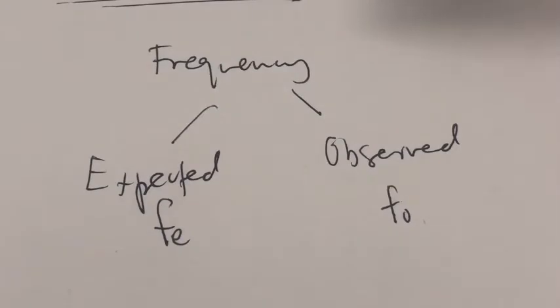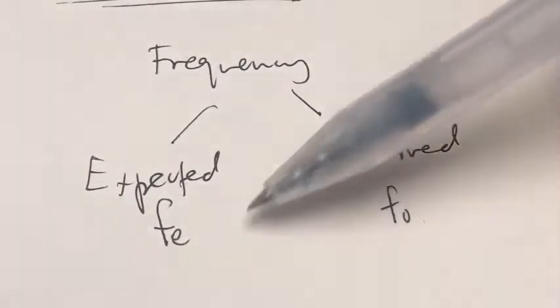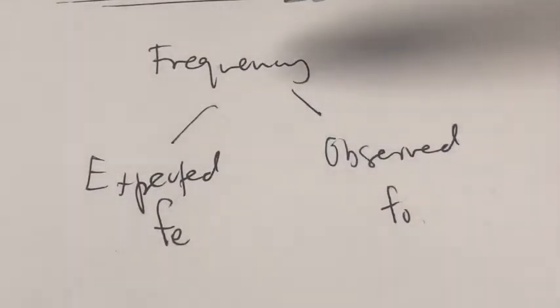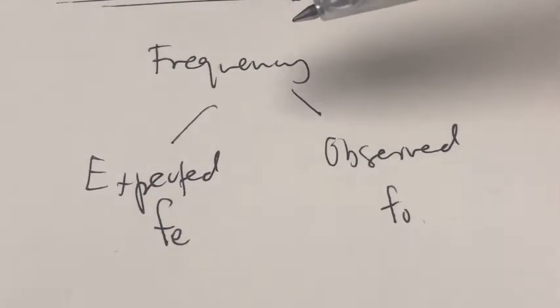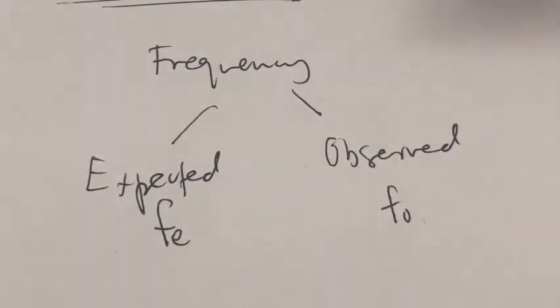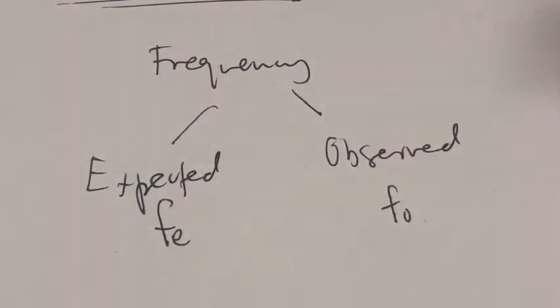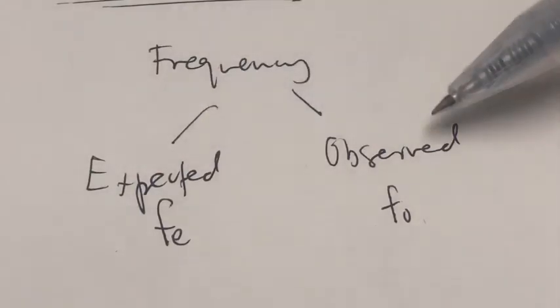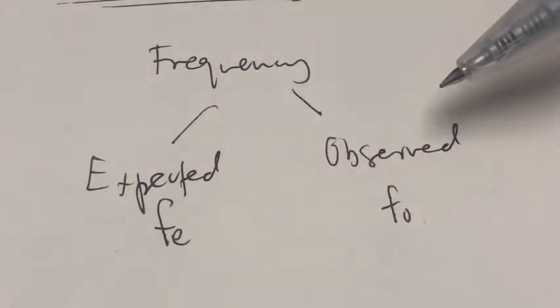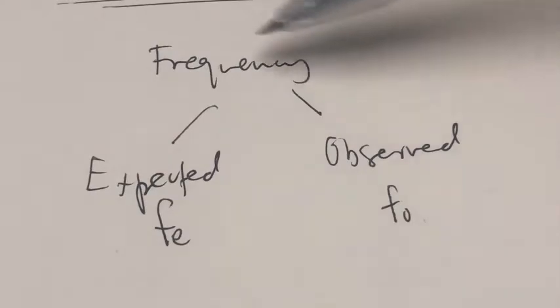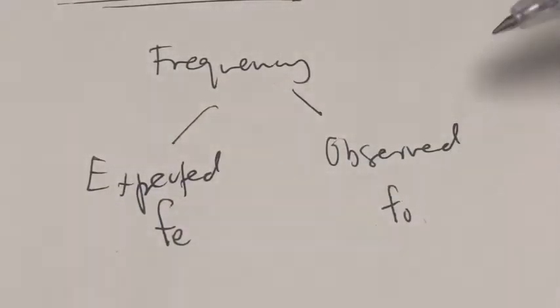For example, if I expected 100 students to be in my class, and I go into the lecture theater and actually see 100 of you sitting there, then there's a good fit between my expectations and the reality. However, if I expected 100 students, but I only see 75 students in the lecture hall, therefore there is not a good fit between what I expect and what I observed.